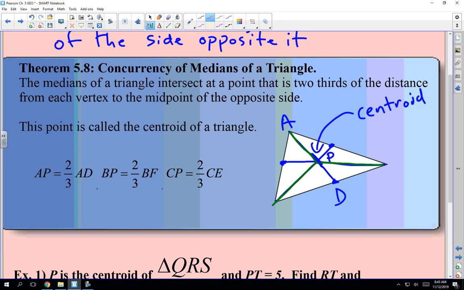So if I said that this piece was 10, then this little red piece would be 5. It's in a 2-to-1 ratio. Or this 10 is 2/3 of the whole length. Think about that. How does 10 relate to 15, Sarah? Are you with me? Yes.